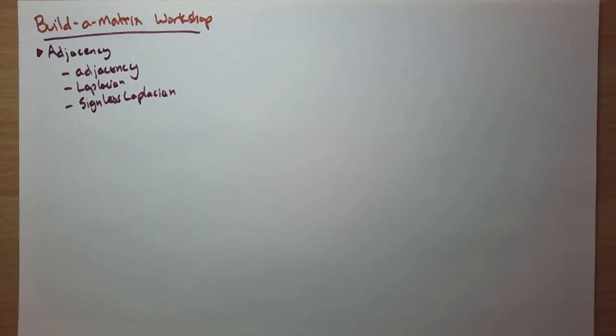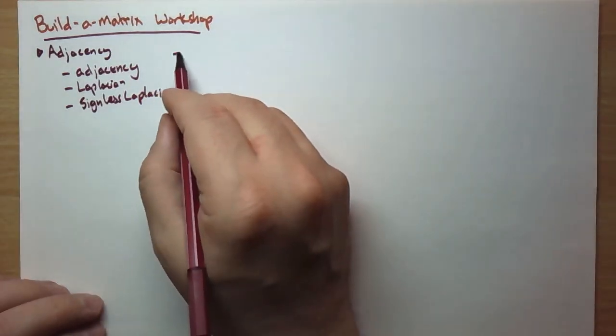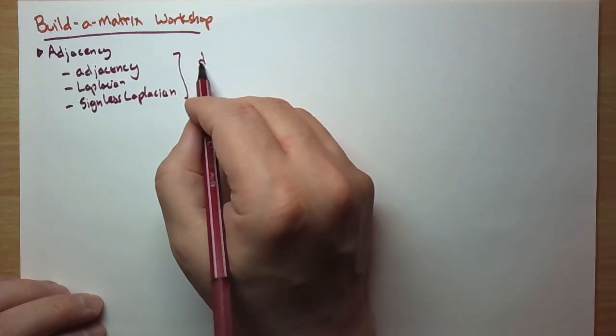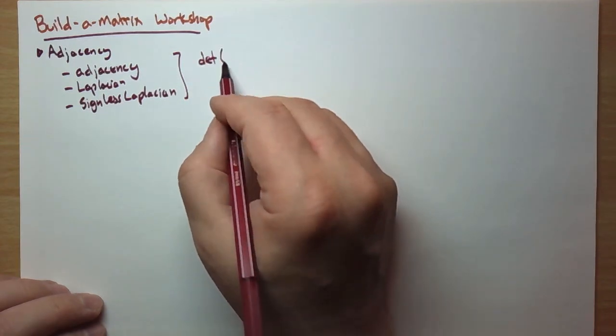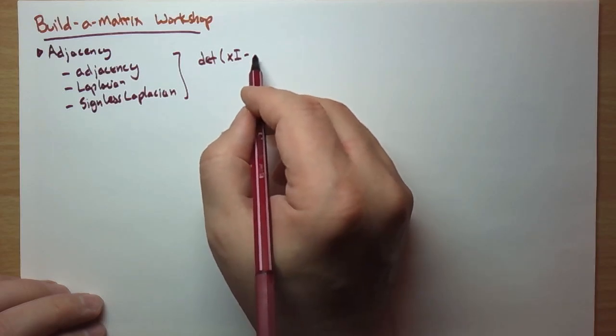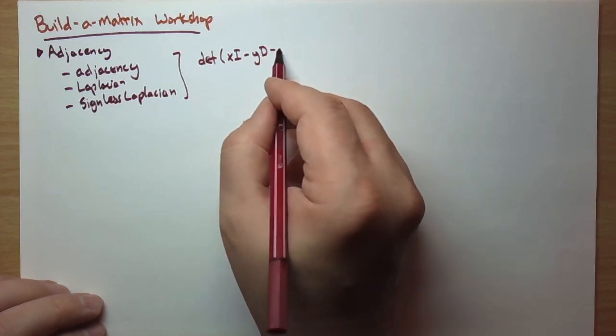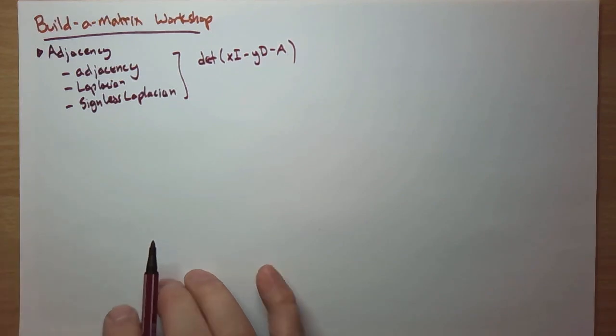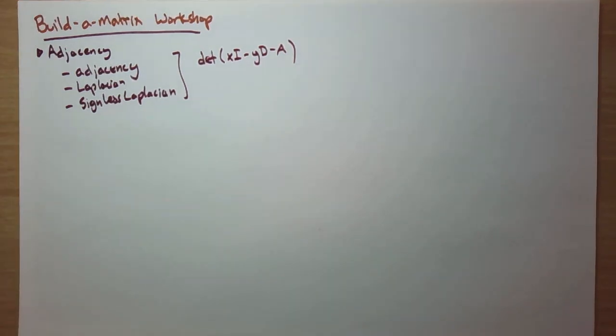But in generalized characteristic polynomials, you get 2 variables, x and y. You can look at, say, the determinant of, I'll call it xI minus yD minus A, something like this. There are a couple of variations, but this is more or less what you can do.